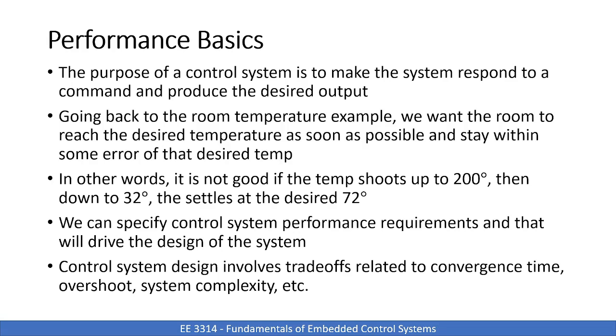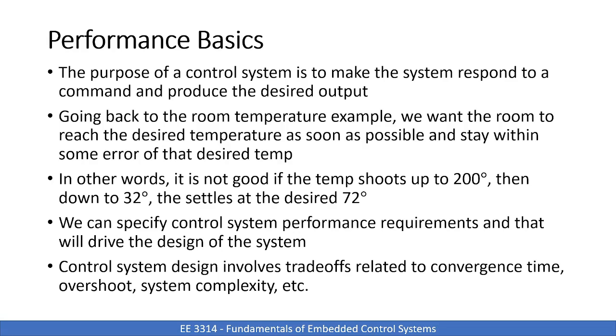For this particular example, we wouldn't want a heater that just puts out little microwatts of heat for a huge room, because the settling time would be years, or it would never get there. Conversely, you don't want a huge blasting jet engine that's going to take the temperature of the room up to several hundred degrees before it settles back down.